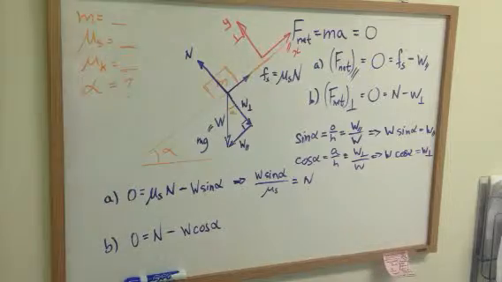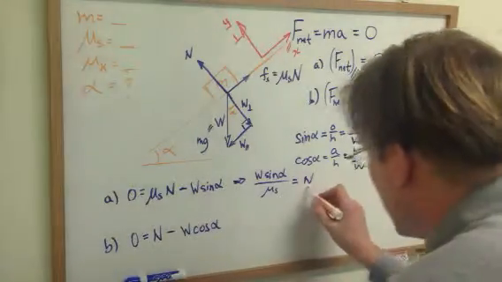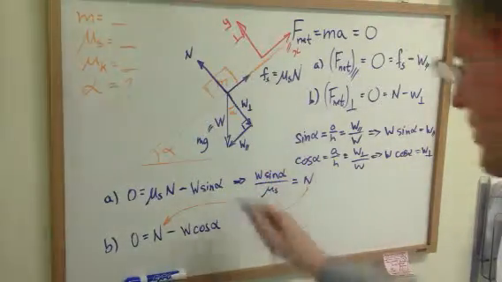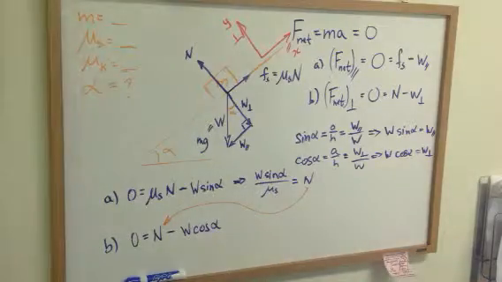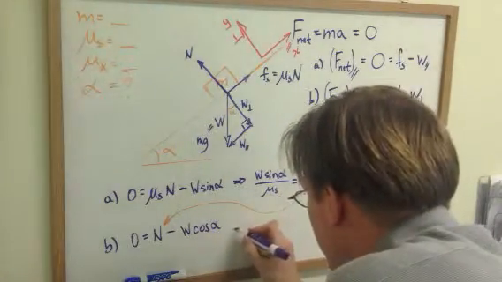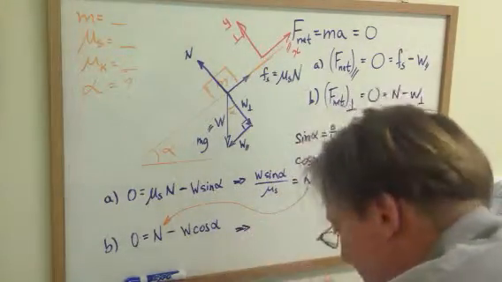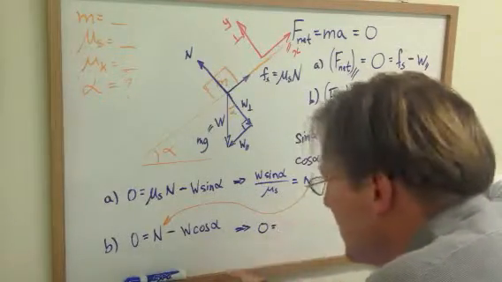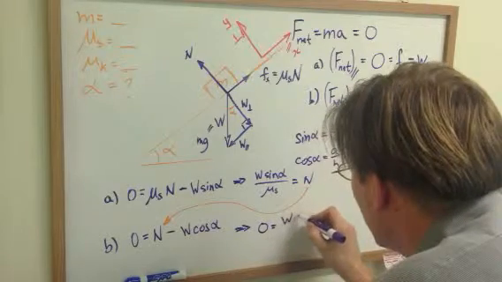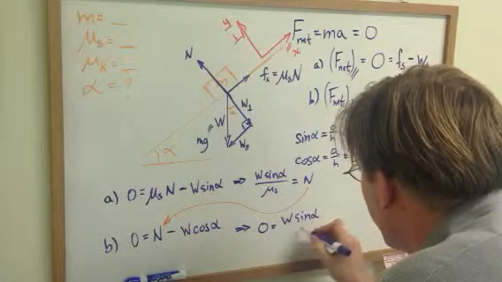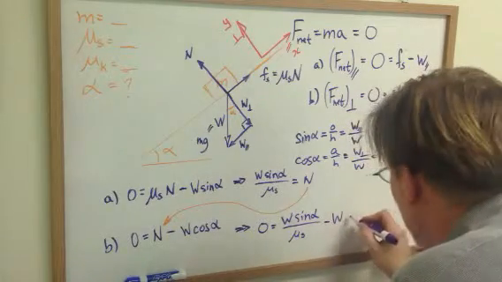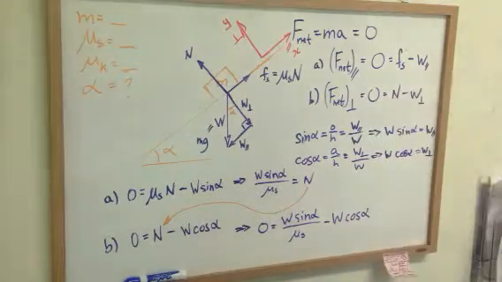And if I take that and substitute that into this equation, two equations, two unknowns, eliminate one of the variables. This is a standard maneuver from algebra. This second equation says 0 is equal to w sine alpha over mu s minus w cos alpha.